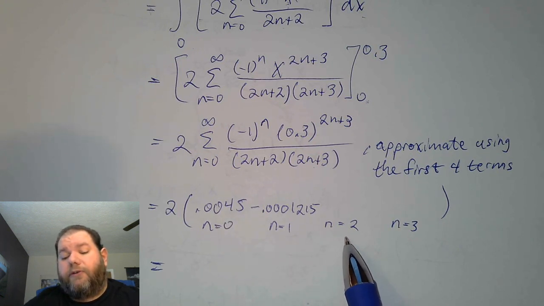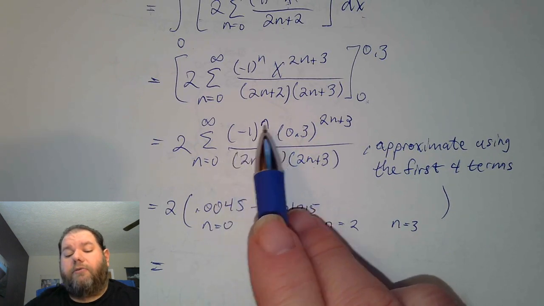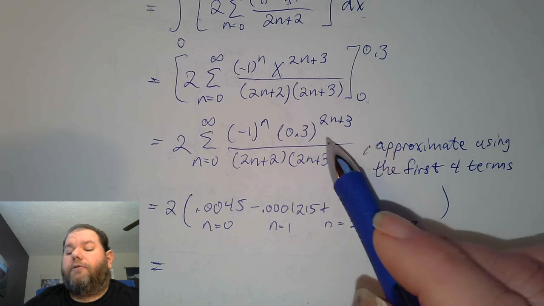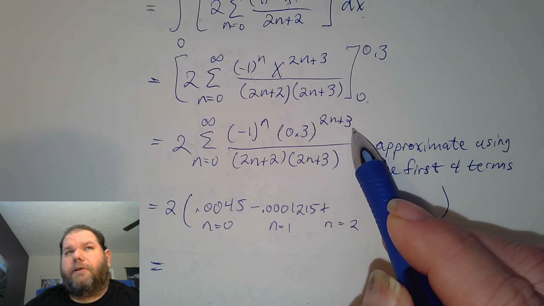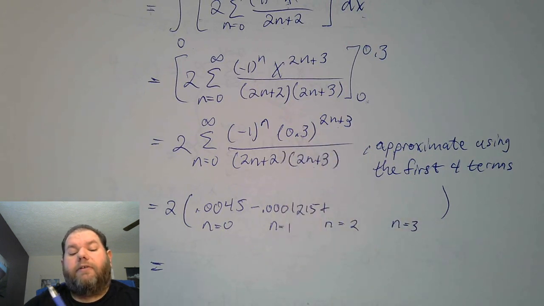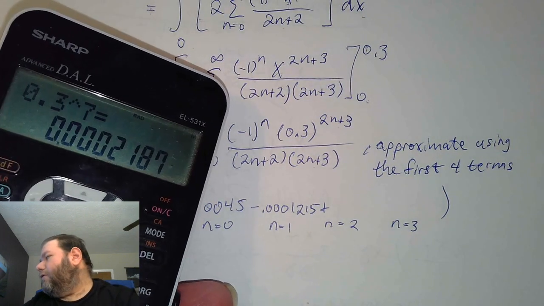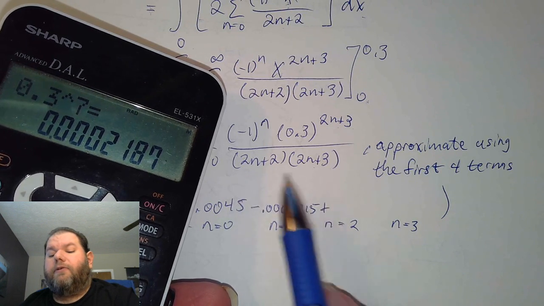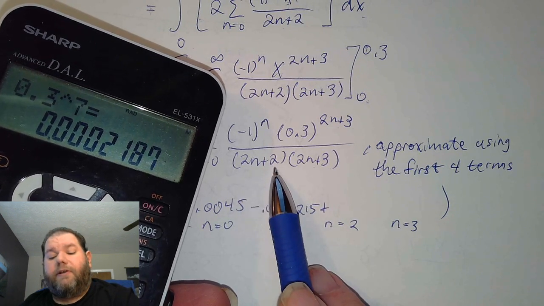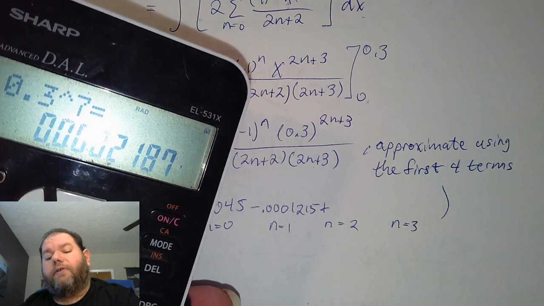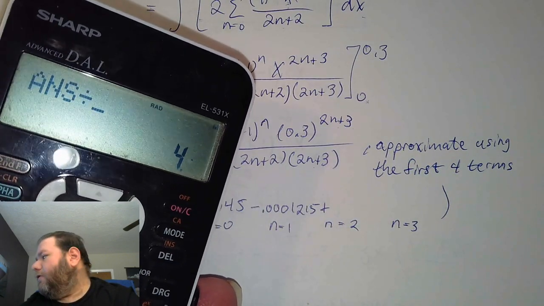So n equals 2. Negative 1 squared will be a positive, so we know this will be a plus. 2 times 2 plus 3, that'll be 4 plus 3 is 7. So 0.3 raised to the 7th power will be our numerator. 2 times 2 is 4, plus 2 is 6. 2 times 2 is 4, plus 3 is 7. 6 times 7 is 42, so I'll divide that by 42.